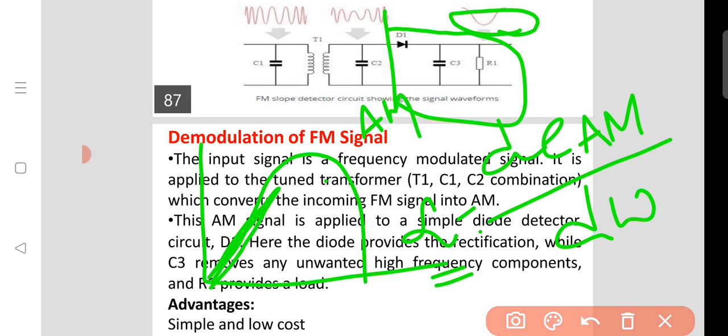If any other frequency components or unwanted signals are present, they are eliminated by the filter sections applied here. This is about frequency detection using the slope detector. Okay, this is the slope detection method.